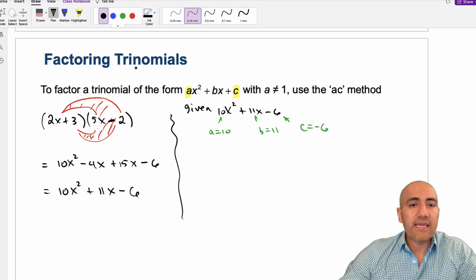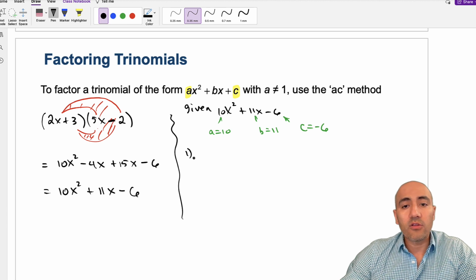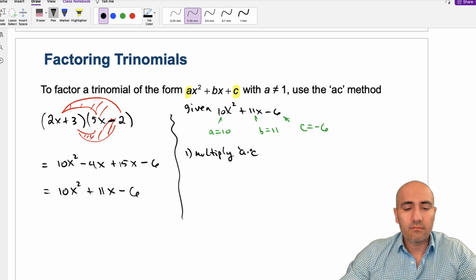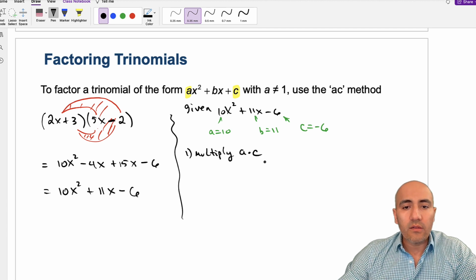Okay, step 1 in the AC method is going to be to multiply a times c. Multiply a times c. Well, in our little case, that would be 10 times negative 6.